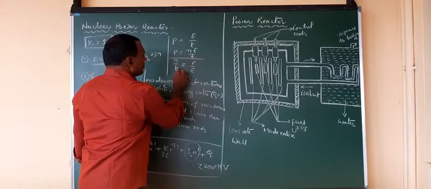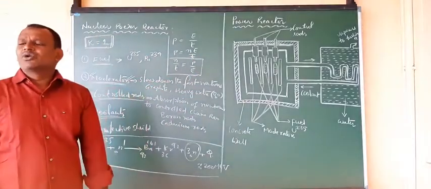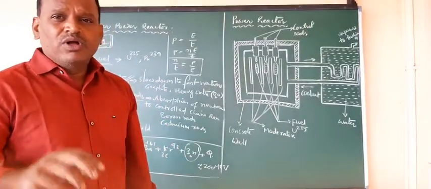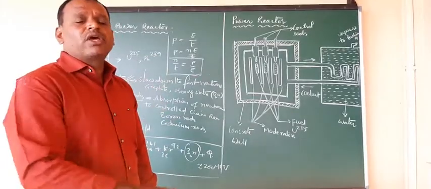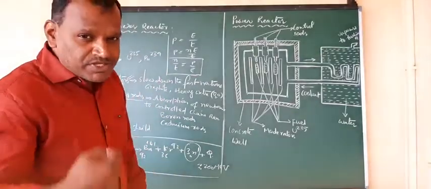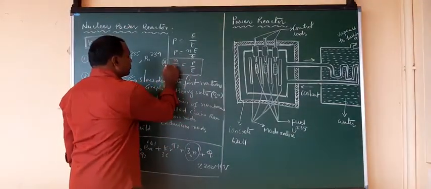So how many fissions take place per second in order to get some amount of power to produce from that nuclear power reactor depends upon how many fissions take place per second. That you can calculate here by using this equation. Right?